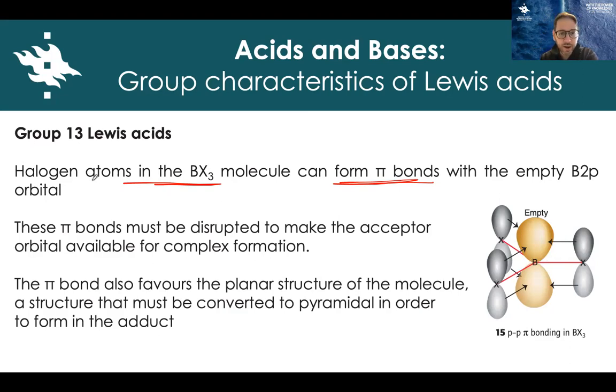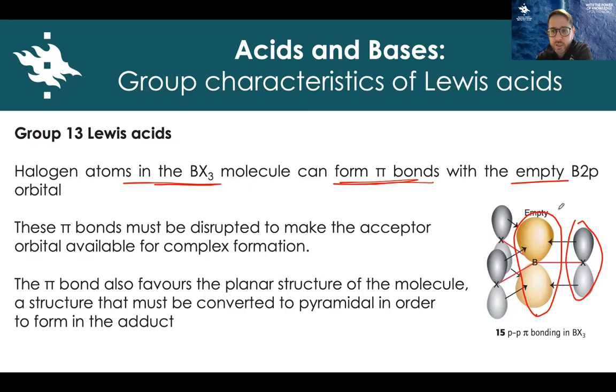So the halogen atoms form pi bonds with the empty 2p orbital in the central boron atom. The halogen atoms have filled p orbitals perpendicular to the bond axis. So here we have the formation of pi bonds, or pi donation from the halogen to the central boron atom.